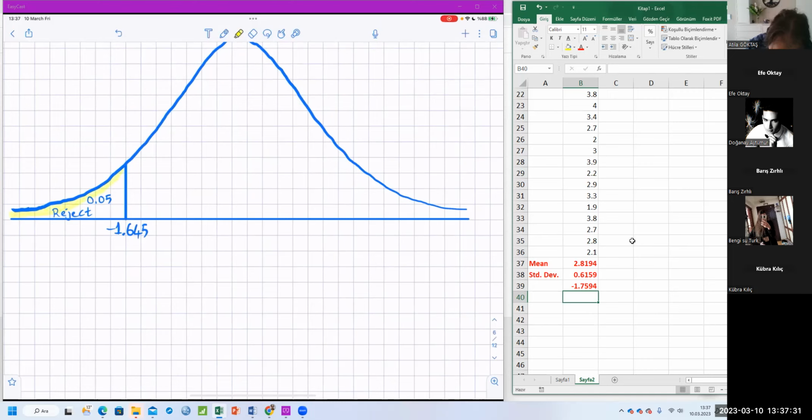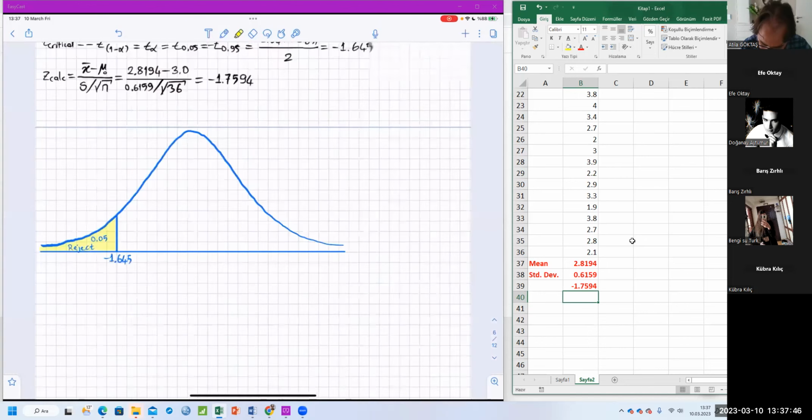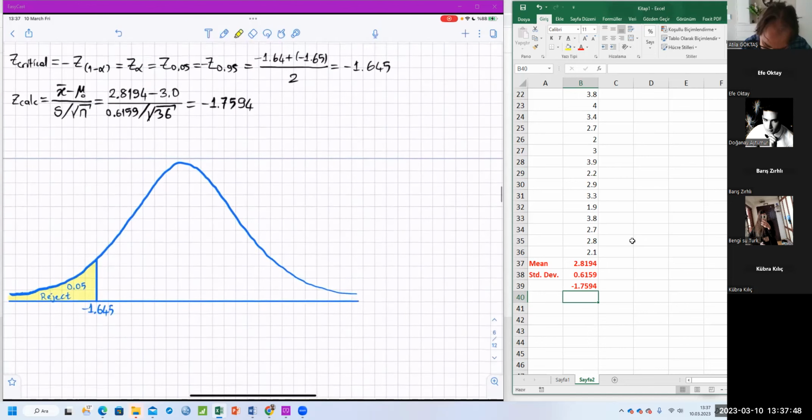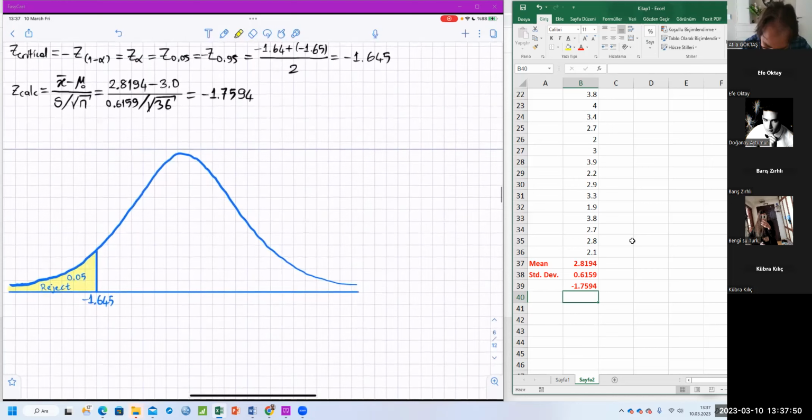So let me just highlight this bit here. Okay, right there. There it is. Okay, the calculated statistic is minus 1.75, which is less than the critical value. So it's simply falling within the reject region.